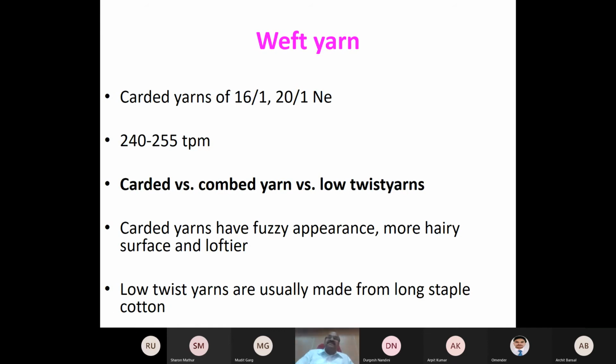Then weft yarn. Normally weft yarns are carded yarn, but one can use combed yarn also. Weft yarns are single yarn of low twist, because weft does not need to be strong. Tension in weft yarn is always less than the tension in warp yarns. That's why single low twist yarn can be used.